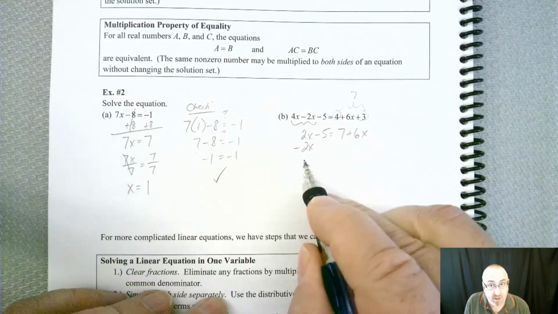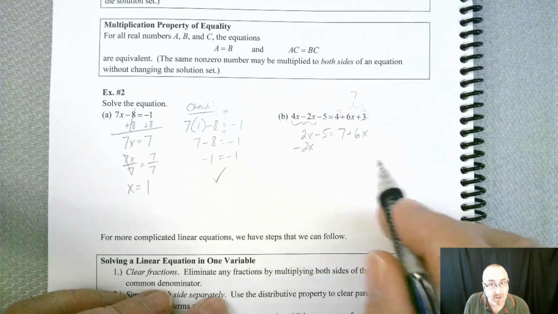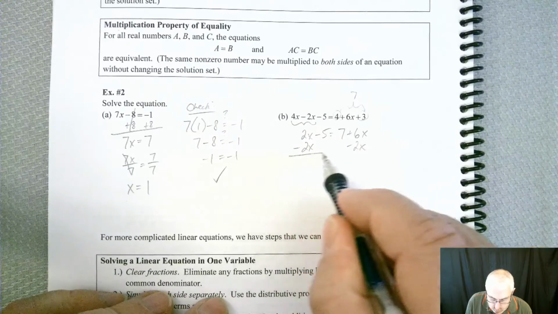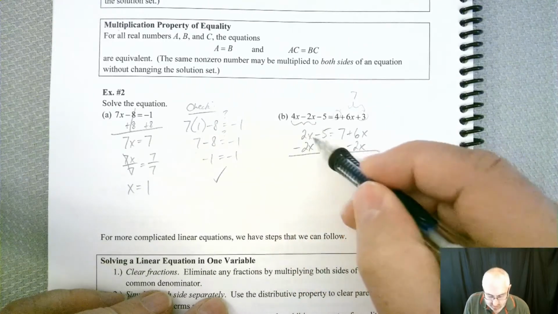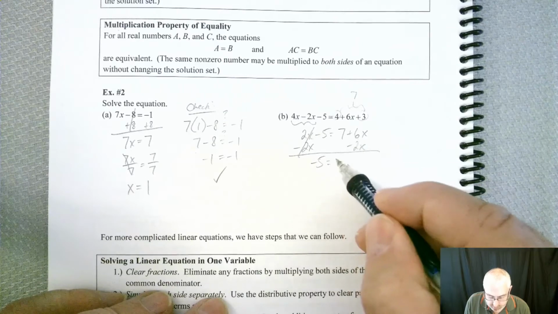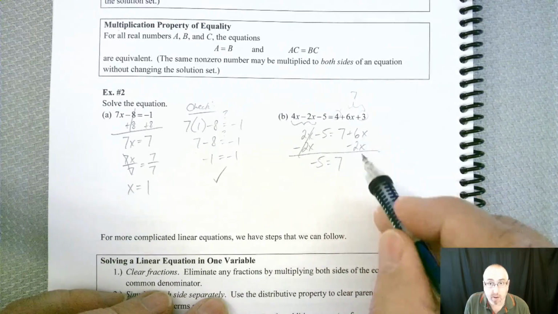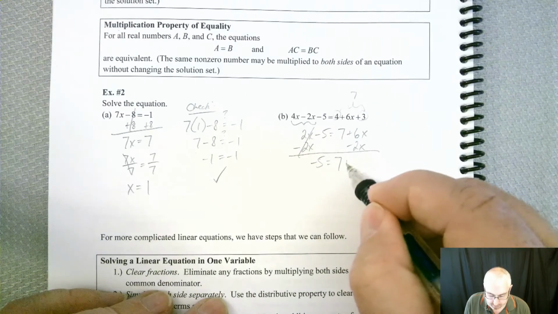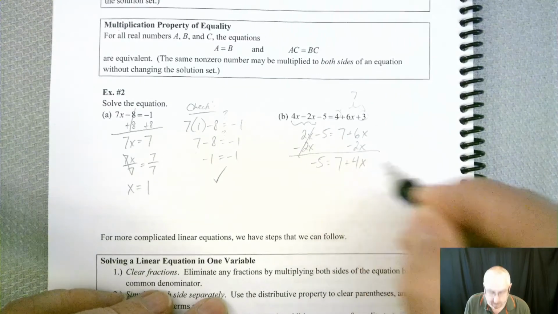But if you subtract 2x on one side of the equals, you have to do the same thing on the other side. Now the 2x's cancel. You can bring down the minus 5, bring down the 7, and now you have your same apples. So 6 apples minus 2 apples is a positive 4 apples.